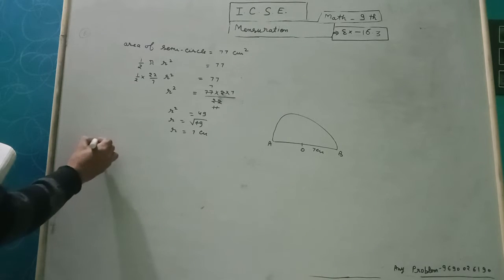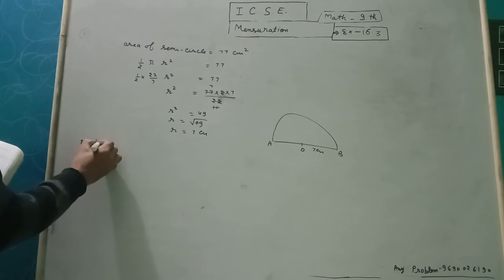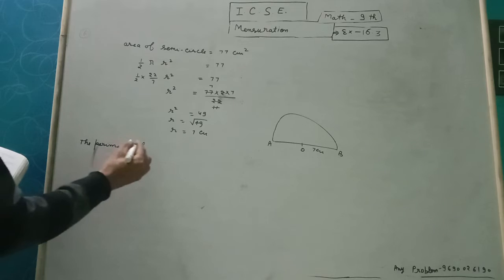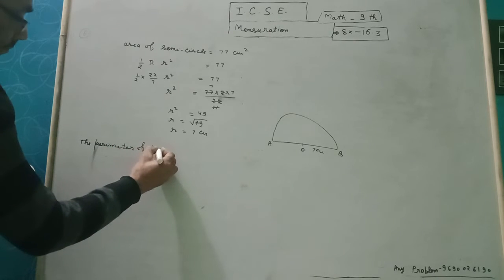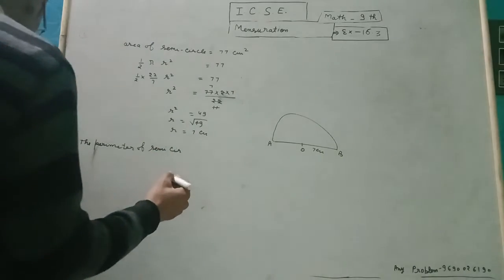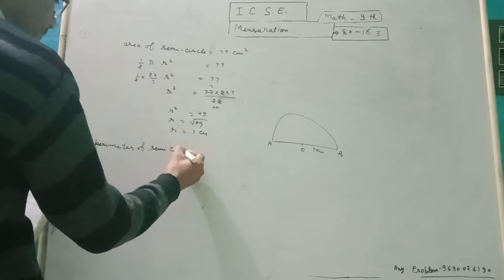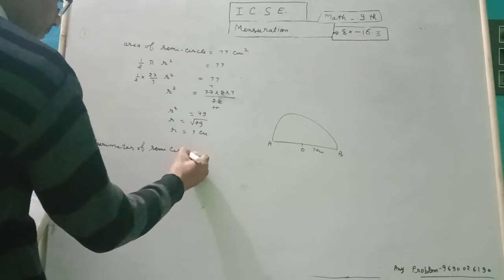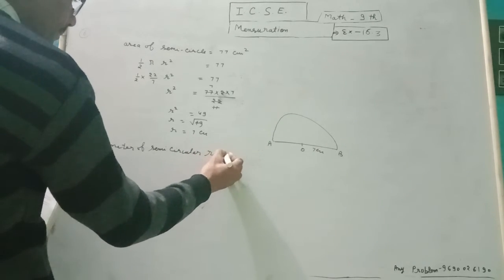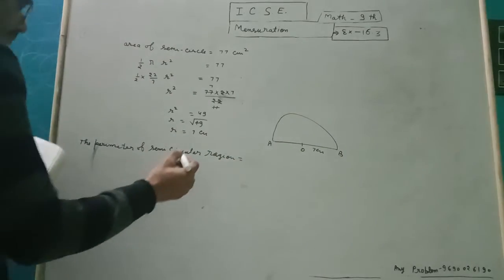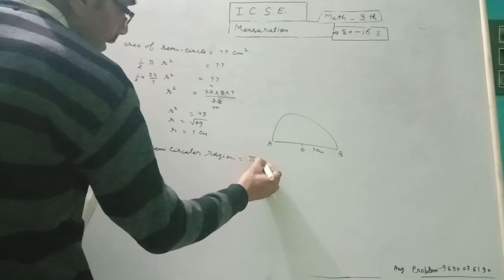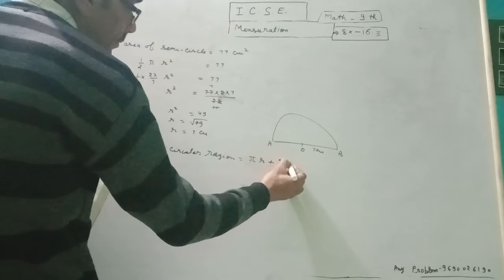The perimeter of the semicircular region is equal to half perimeter, pi r plus 2r.